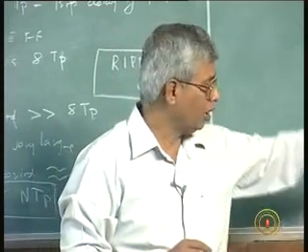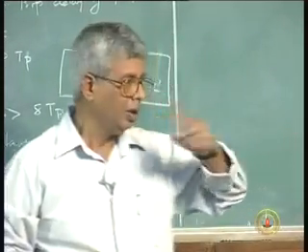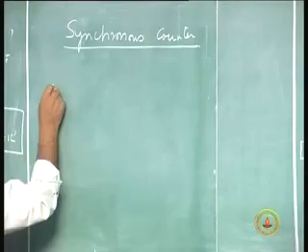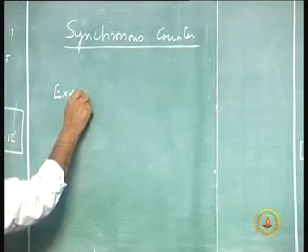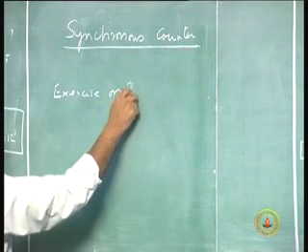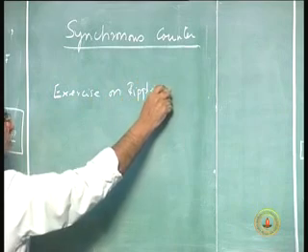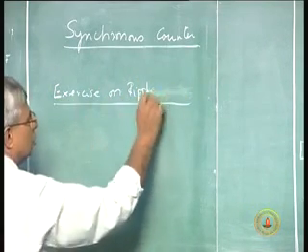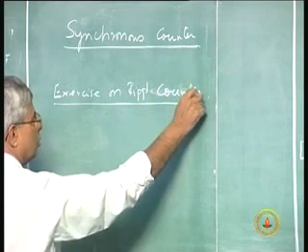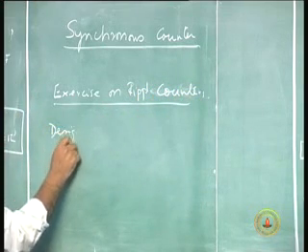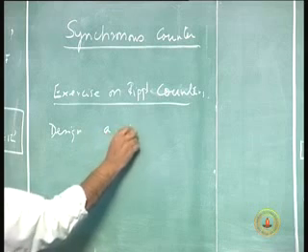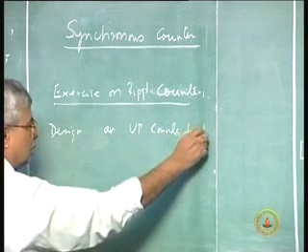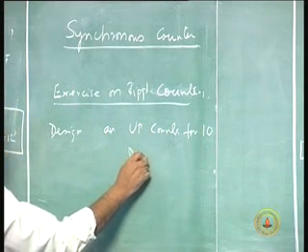Before that, you can do a lot of work on these ripple counters. What we have given you is a flavor. I would like you to design, as an exercise on ripple counters, an up counter for 10 and a down counter for 10.